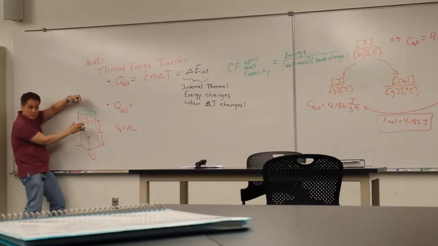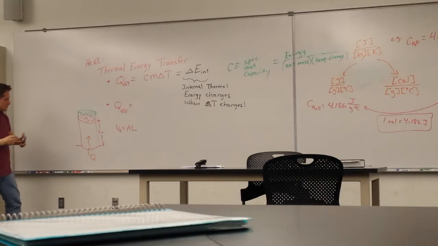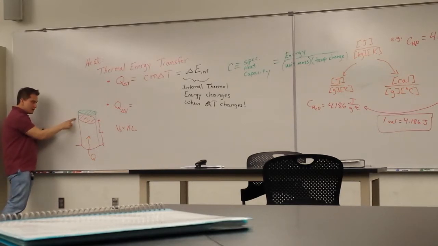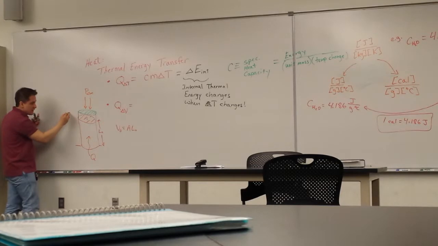At the bare minimum, atmospheric pressure. So we have pressure pushing down, we call it atmospheric pressure. And we have an associated change in length.